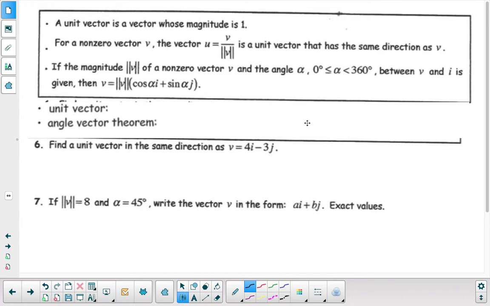Basically what that means, if I went this direction, let's say that this is a magnitude of 7, and if I divide this by 7, I have the same exact vector directionally, it's just a smaller magnitude. Sometimes it's helpful to have a unit vector, but it's basically just scaling a vector so that it has a magnitude of 1.